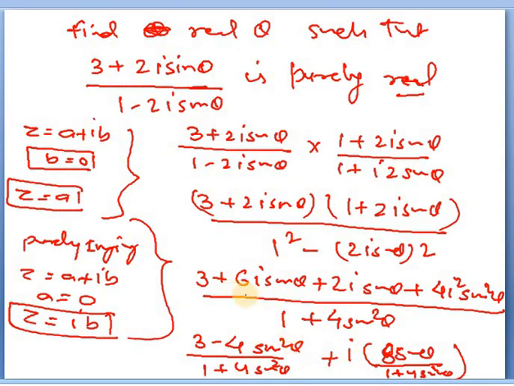Now this is purely real, that means the imaginary part should be 0. So 8 sin theta/(1 + 4 sin squared theta) = 0.